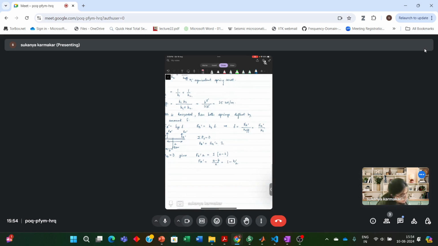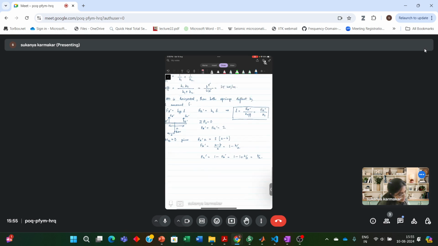So using this condition, Fa dash is this much. Fb dash will be 1 minus Fa dash. So 1 minus 1 plus B by A, so it's equal to B by A. So let's use this condition number 1.